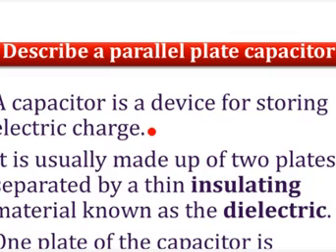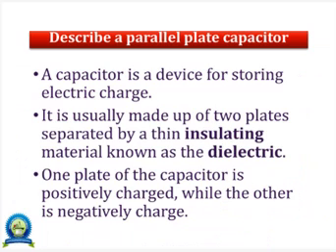Going further, we look at what a capacitor is. Generally, capacitors are used to store electric charges. In reality, a capacitor is made up of two plates that are separated by a thin insulating material known as a dielectric. So the separation between the capacitor plates is usually made up of a very thin insulating material, and this is known as the dielectric.